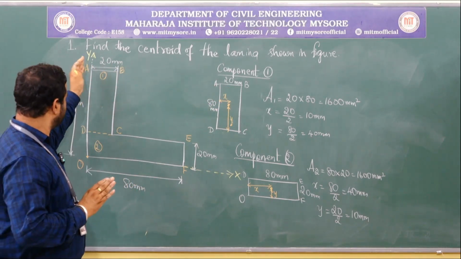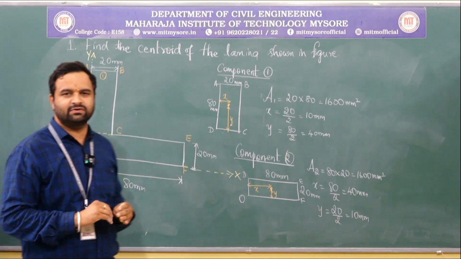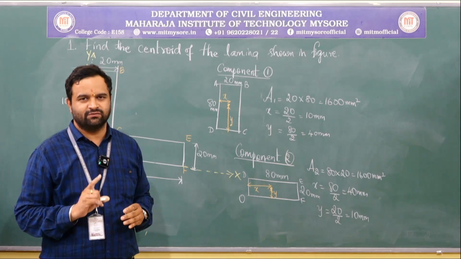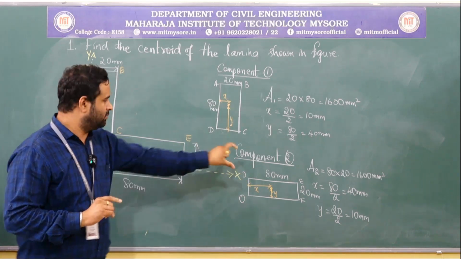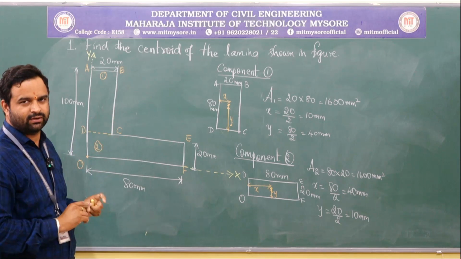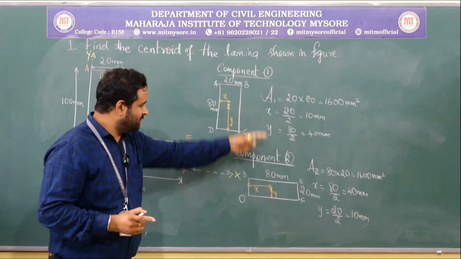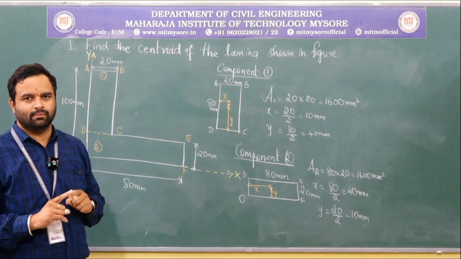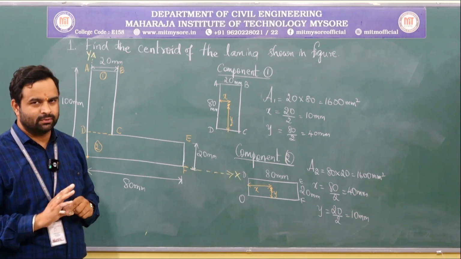So, with respect to this axis and this axis, what are the values of the centroid? That should be the centroidal values of component 1. Similarly, for component 2, place that above the referral axis, and try to locate its centroid. That can be taken as x1, x2, y1, y2. Clear? I hope you have understood.